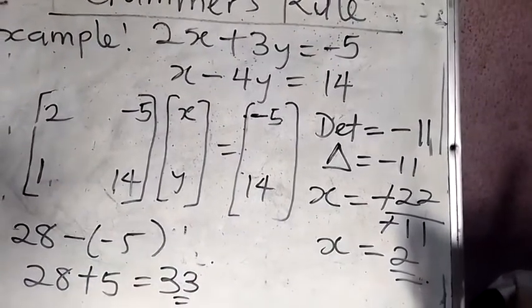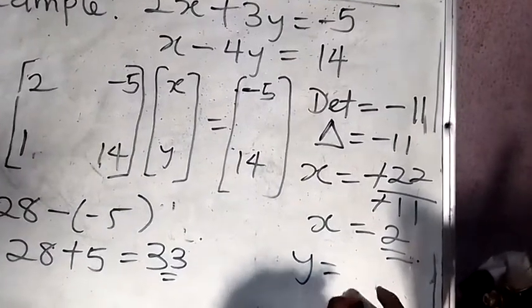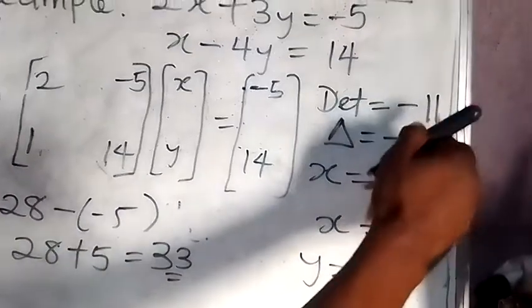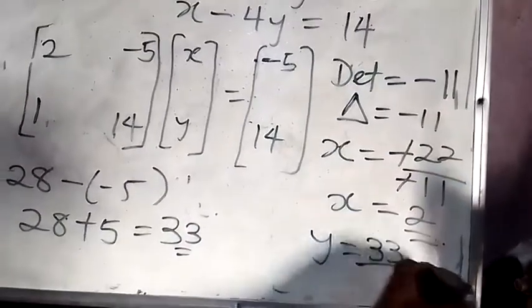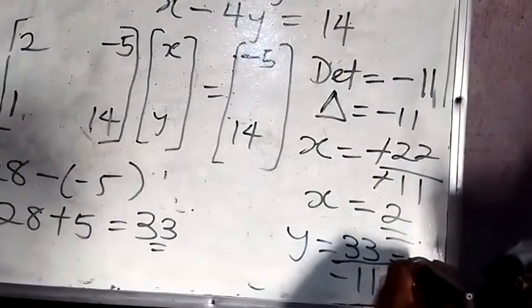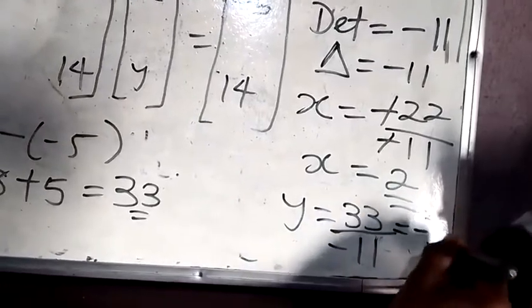That's 33. So to get your y, you are using this number 33 divided by the first determinant, minus 11. And that gives minus 3.